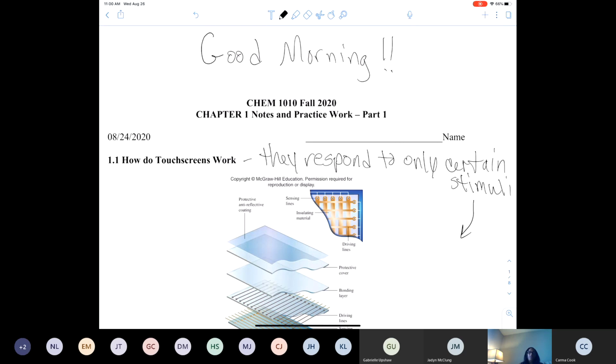We're going to focus in this chapter on matter, and also on learning some initial things about the periodic table, including the elements that reside on our periodic table.